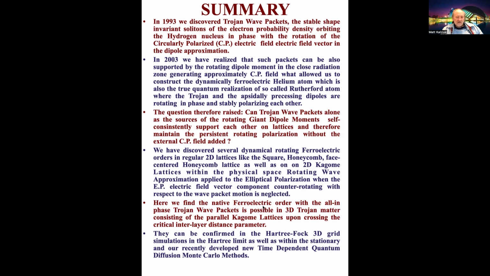And we find that the native ferroelectric order with all in-phase Trojan wave packets is possible in two-dimensional Trojan matter consisting of parallel Kagome lattices upon crossing the critical interlayer distance parameter. This can be confirmed in Hartree-Fock 3D grid simulations in the Hartree limit, as well as with the newly developed time-dependent quantum diffusion Monte Carlo method.